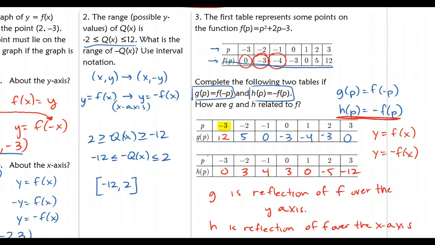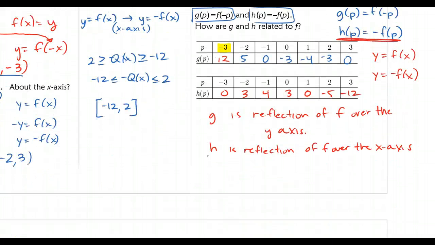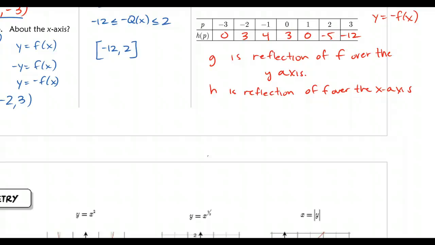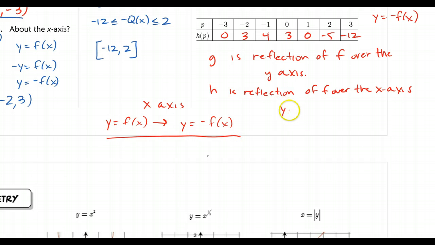So really our basic main ideas here, ones that are most important, are going to be that y equals f of x becomes y equals negative f of x when you have a reflection over the x-axis. These are the big ideas here. When you have a reflection over the y-axis, you end up with y equaling f of x becoming y equaling f of the opposite of x.